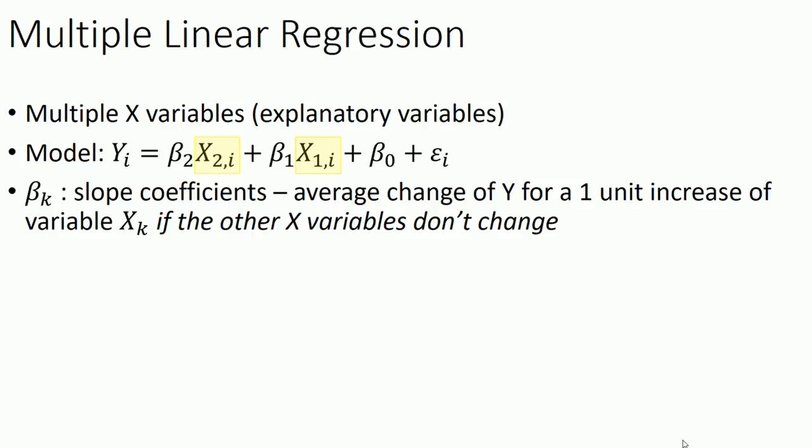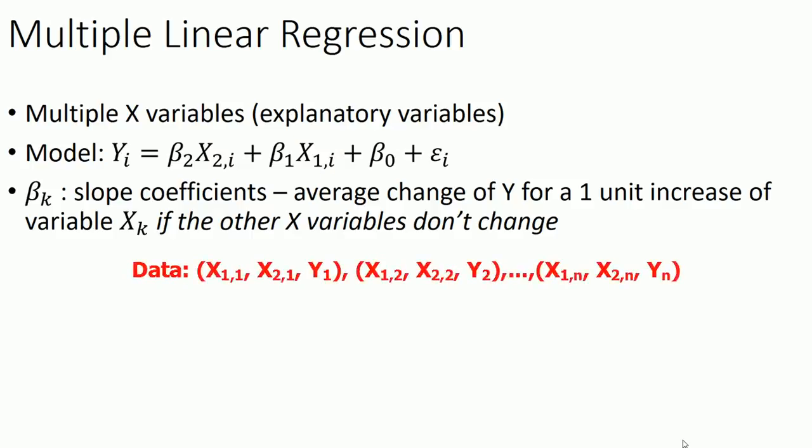We're just going to go up to 2 explanatory variables, x1 and x2. And each of those x variables is going to be collected in the data. So now instead of collecting pairs of data, x and y, we're collecting triples of data, x1, x2, and then y. So you have 2 factors that are used to predict or explain your y.